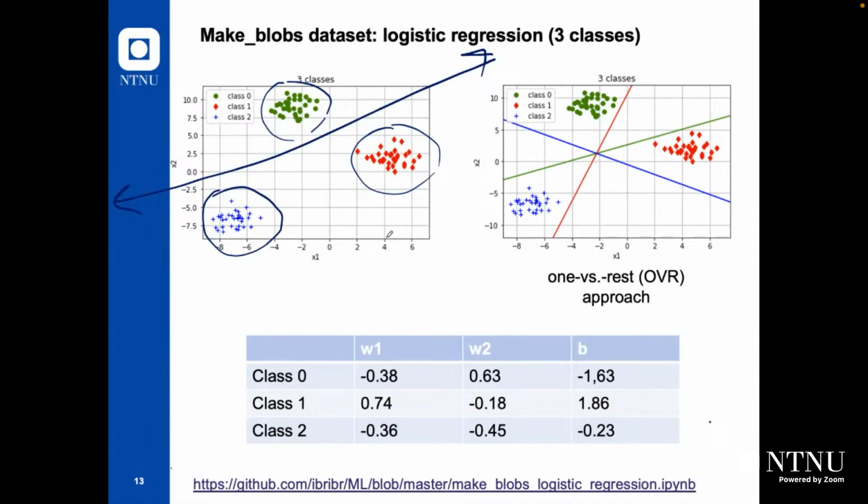All data points which are above the line will be classified as green, and all other data points will be classified as the rest. And for the red one, I need to get a model like this one, correct? And for the blue one, it will also be like this one. So in this case, we will get 3 models. This is model number 1. This is model number 2. And this one will be model number 3.